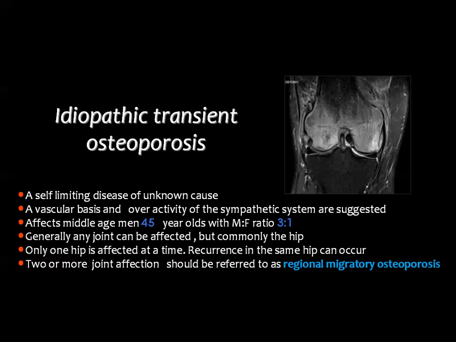But on MRI, which is the modality of choice for diagnosis, you get bone marrow edema, low signal in the T1 and high signal in the T2 and the STIR, and this is confined to a bone or near one of the joints, commonly seen in the hip, but can be seen in the knee and in the ankle as well.